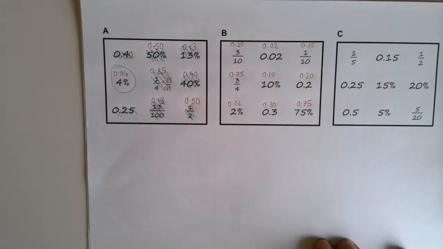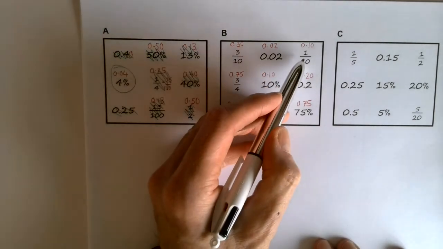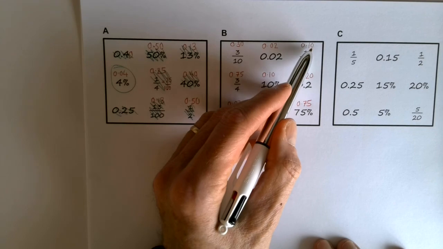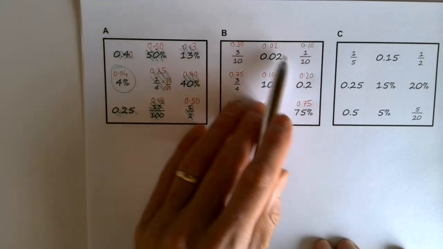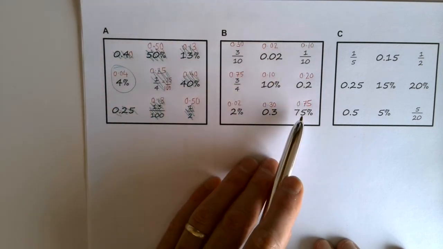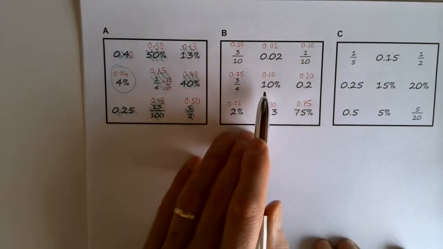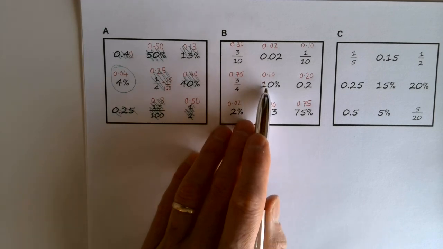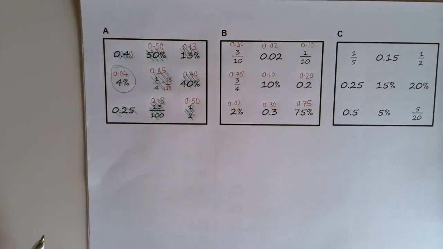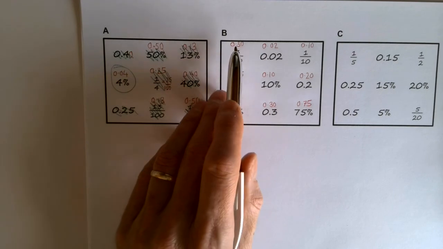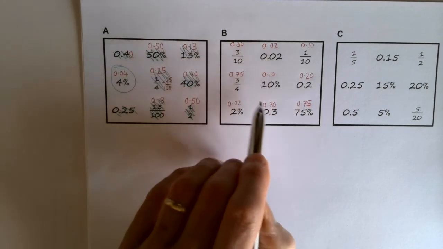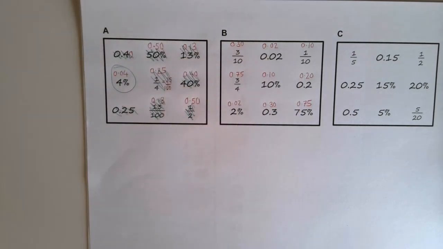Now I know I'm sort of breaking a lot of the rules I've talked about. I know I'd say this is 1/10, 0.1, you don't need the extra 0, but when I'm comparing, it's always helpful if you've got the same number of decimal places, so that's why I've written it as 0.10. And similarly 10%, I would normally just write that as 0.1, but I'm leaving it as 0.10. Same with 3/10, 0.3, but because I'm comparing, I'm writing it as 0.30.